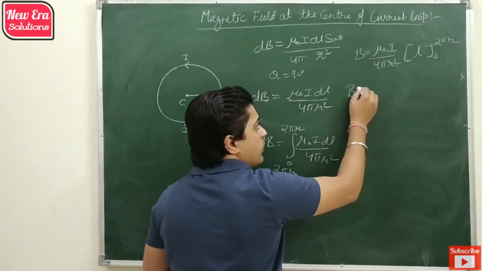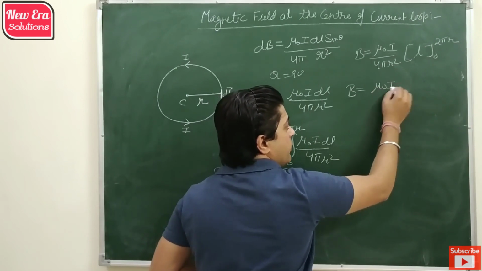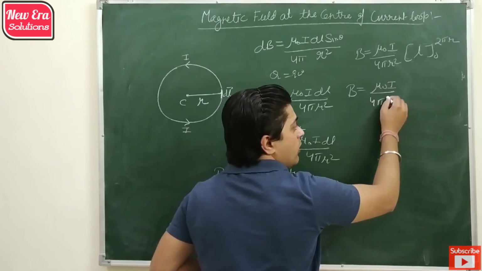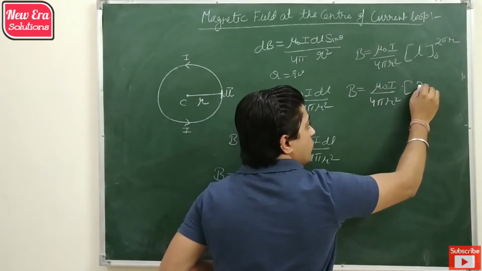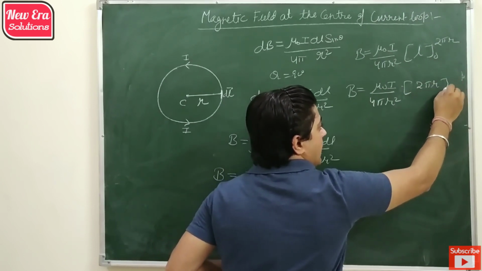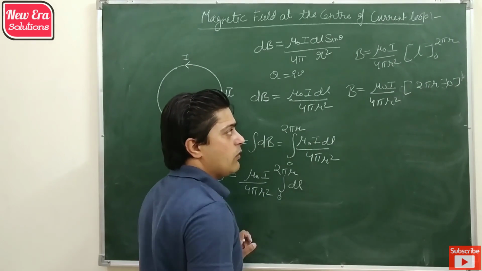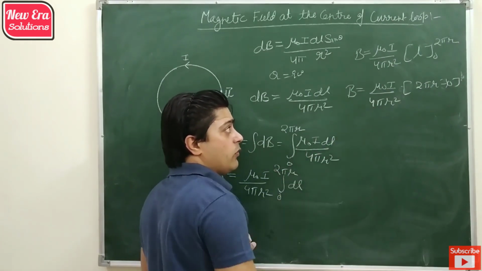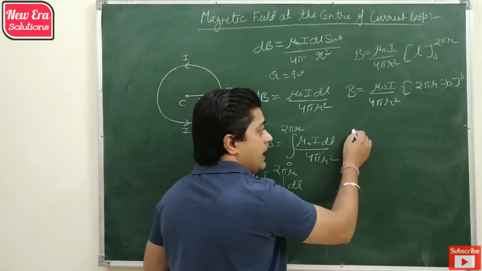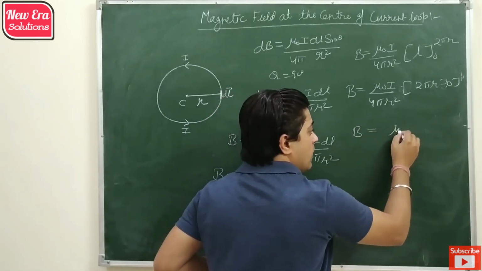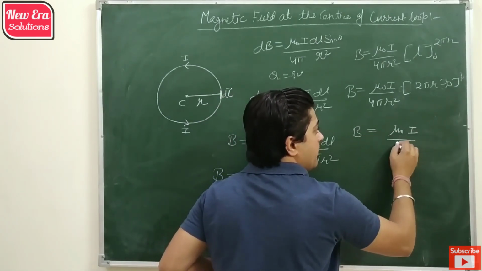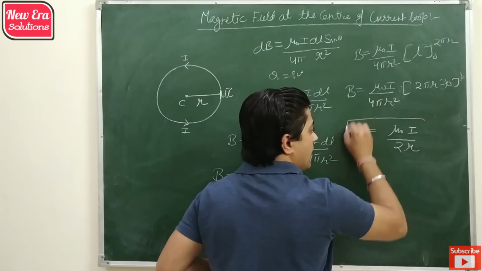So by putting the limits we get mu naught I by 4 pi r square into 2 pi r minus 0. So one r is cancelled out, pi is cancelled out, and 4 is divided by 2. So we get B is equal to mu naught I by 2r.